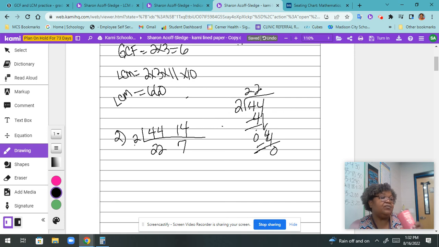What goes into 22 and 7? Nothing but 1. So we are actually one and done at this point. So our GCF is this number here on the side, which is 2.